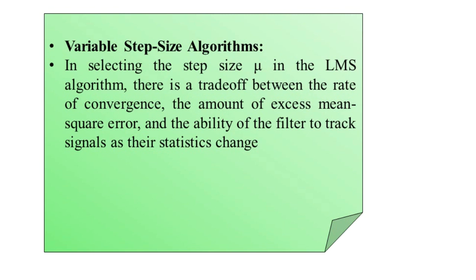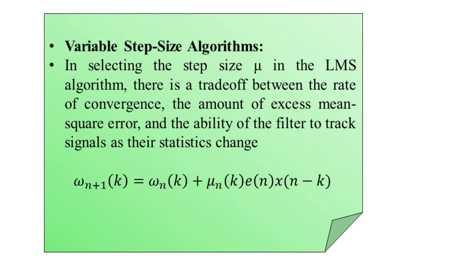Here we make use of the coefficient update equation of the form w(n+1) of k equal to w(n) of k added by mu(n) of k times the error signal e(n) times x(n minus k). In this representation, mu(n) of k represents the variable step sizes, and these are adjusted independently for each of the coefficient values.